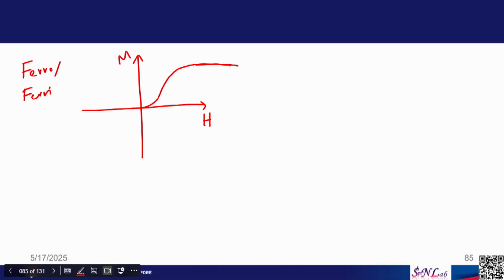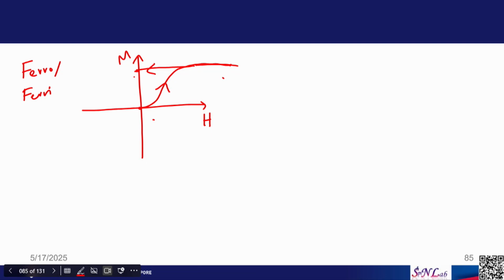And when you reduce the magnetic field, it will not follow the same path, but a different path, and it may retain some of the magnetization. In all the other cases before, whether diamagnetic, paramagnetic or antiferromagnetic, those materials have almost 0 magnetic moment at 0 field. Only ferromagnetic materials can retain magnetization at 0 magnetic field.